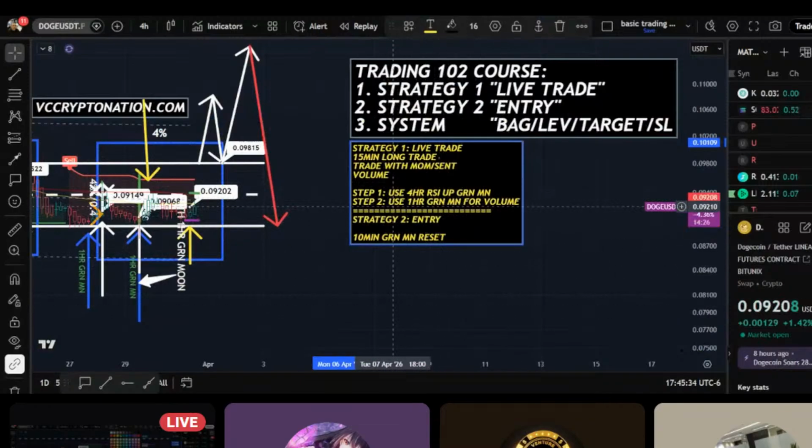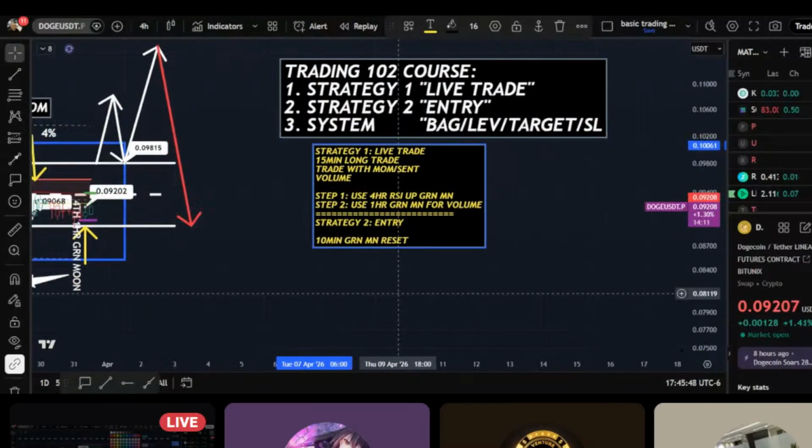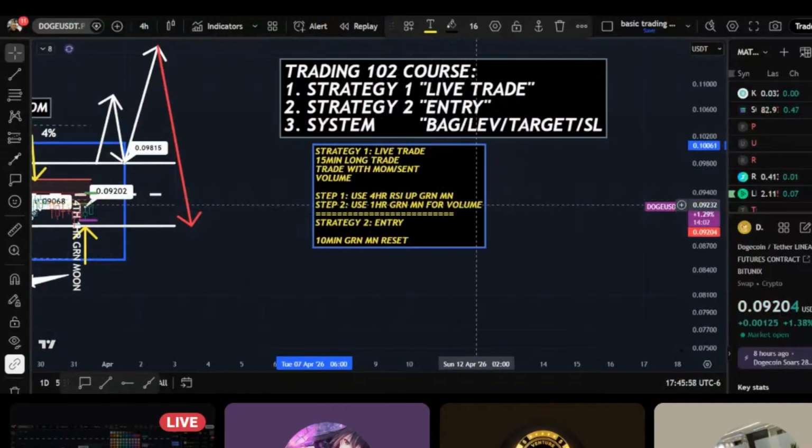And then when the 1 hour green moon for volume, if that is current, you would post it, and you would basically say 4 hour RSI up, 1 hour green moon showing volume, waiting for a 4 hour green moon, right? Or if it's a 4 hour RSI up with a green moon, you post that 4 hour RSI up, green moon, waiting for 1 hour green moon for volume, right? If all that's happening at that time, you post that all that's happening, and then you put waiting on the next 10-minute green moon for entry. Does that make sense?